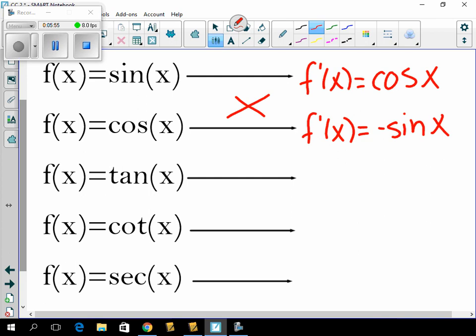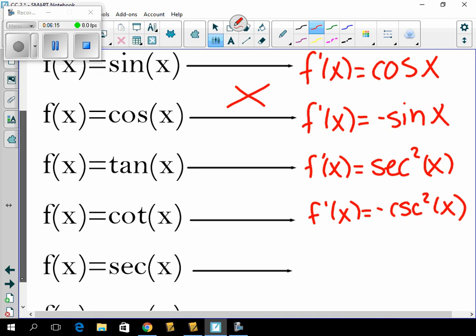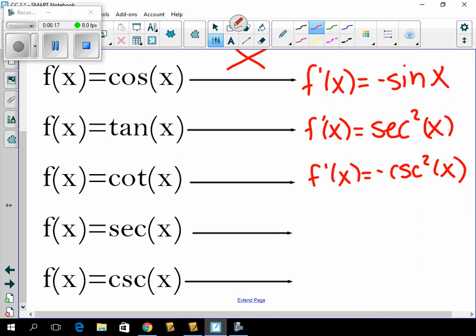Moving on to the derivative of tangent: the derivative of tangent of x is secant squared x. And the derivative of cotangent is negative cosecant squared x. So again, that negative. When we're looking at the derivative of secant x, our derivative is secant x tan x, so secant of x times the tangent of x.